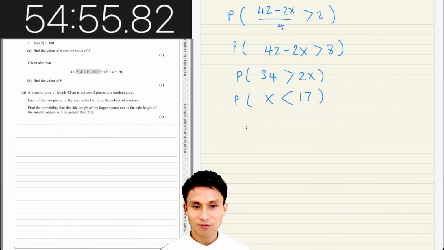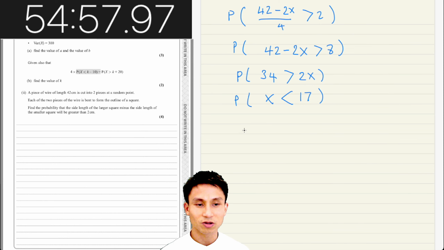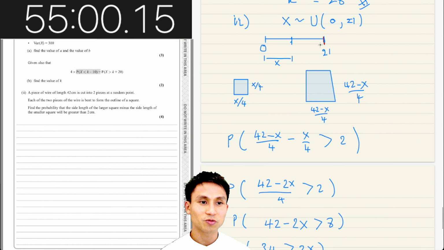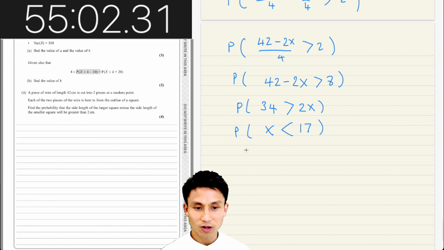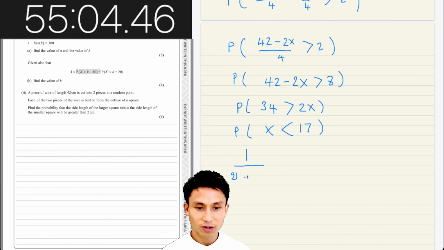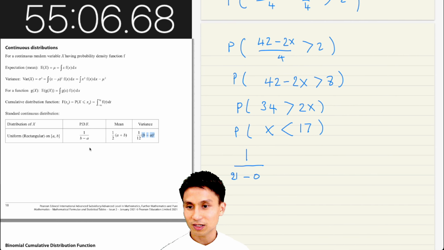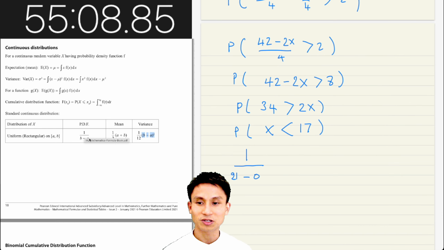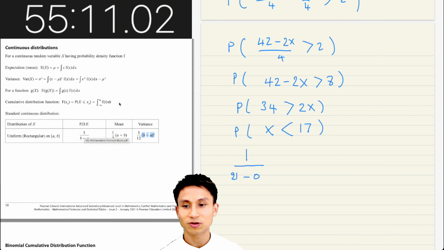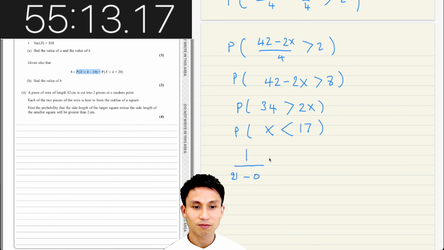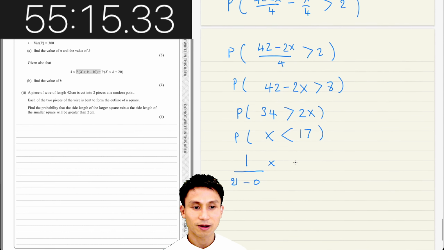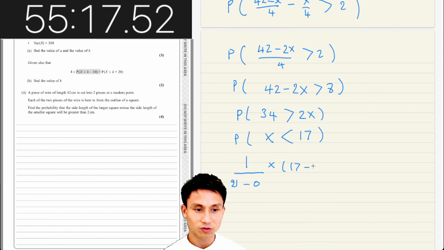So this is finding the probability because we model it as a being 0 and b being 21, so that would be 1 over 21 minus 0. That's just the formula for the probability density function, the upper bound minus the lower bound. Then we multiply that by the 17 to 0 here.